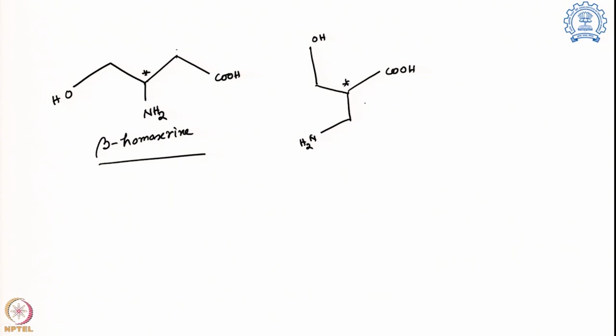The name of this amino acid is 3-amino-2-hydroxymethyl, because there is a methyl group present over there, hydroxymethyl propionic acid.